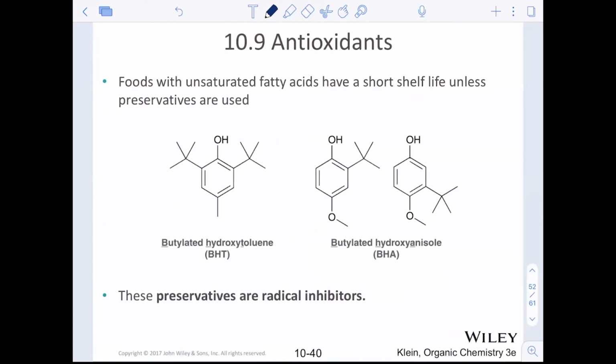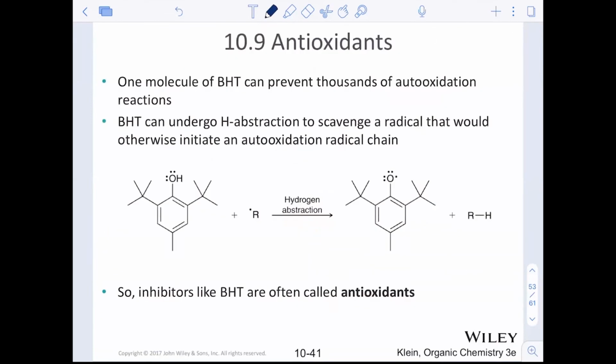Preservatives can also be called radical inhibitors. Now, these preservatives are used primarily to prevent the auto-oxidation reaction. How? Because they themselves can actually undergo the radical reactions instead of the fatty acid chain.